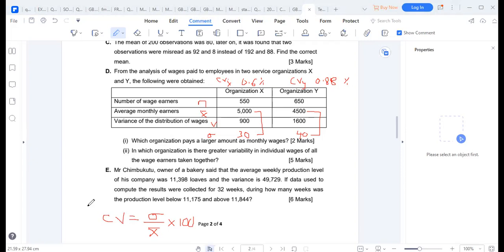Yes, using this formula here, the standard deviation is 30 divided by the average, which is 5,000. Then multiply by 100. So 30 divided by 5,000. Oh, okay. I was doing 5,000 divided by 30. Okay, thank you.